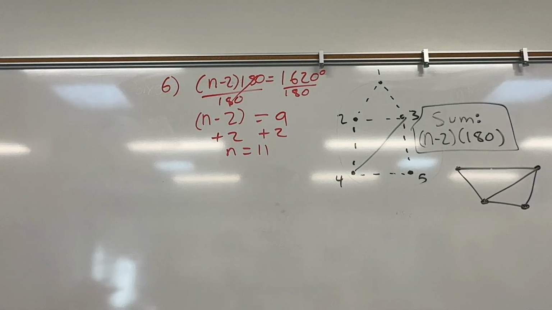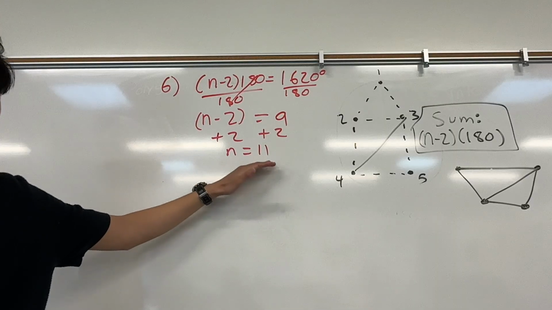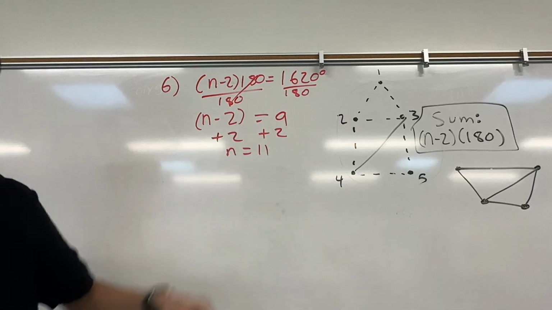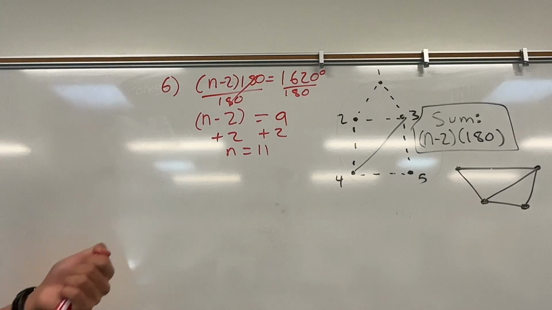If you're being honest, if you just memorize how many sides equal the sum, like you just know that 11 is 1620, then you won't have any issue doing the math. Just like a triangle equals what? 180, right? So do you have to do the math for that? No. Exactly.